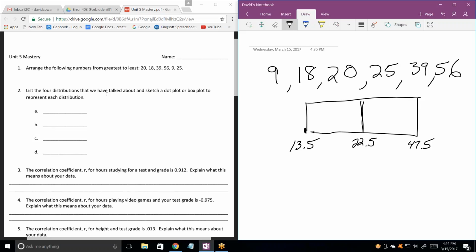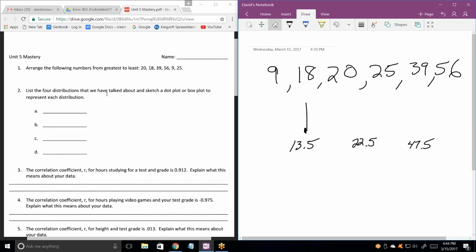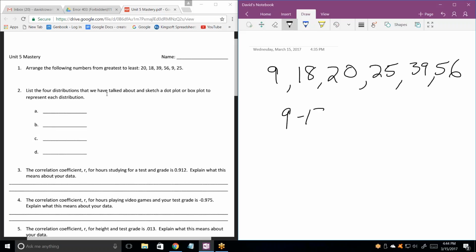Okay. In other words, let's talk about this a little further. What's my first quartile go to? We did 18 to 18 is the median of the first quartile, is it not?